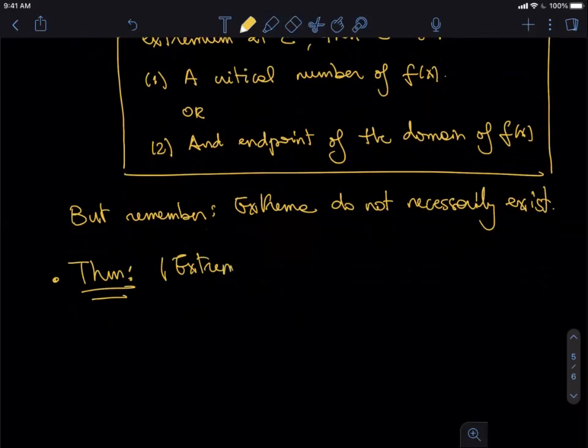So this is what is called the extreme value theorem.